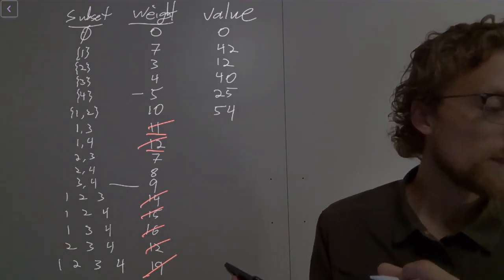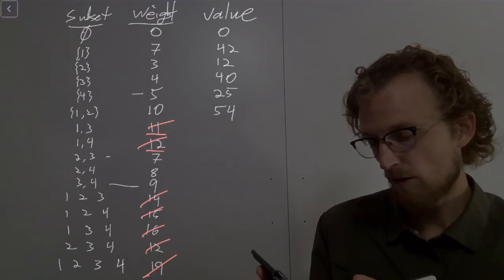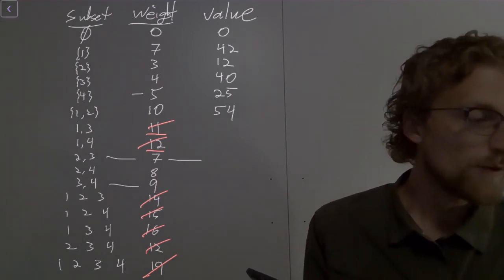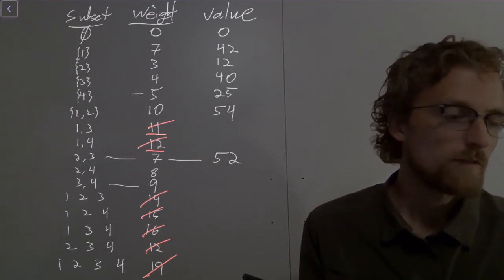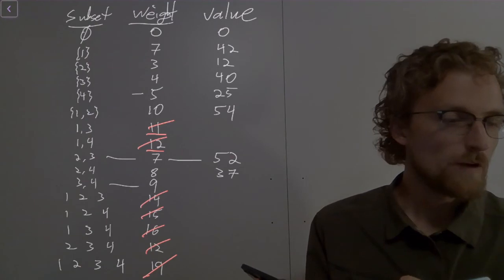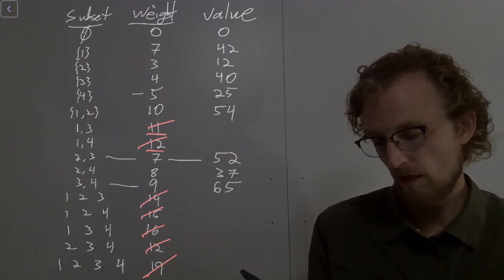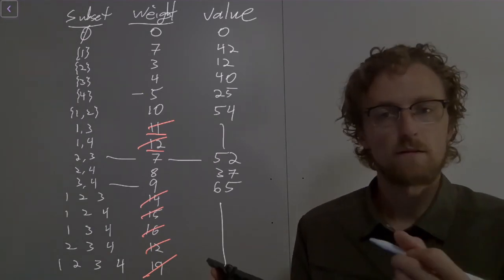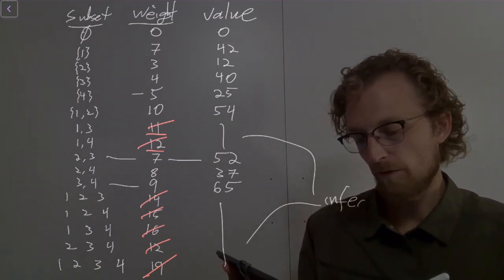If I take 2 and 3, that's the next feasible subset, a value of 52. If I take 2 and 4, that's only 37. And then if I take 3 and 4, that's a value of 65, right? And then nothing else matters because it doesn't fit. So these ones are called infeasible.